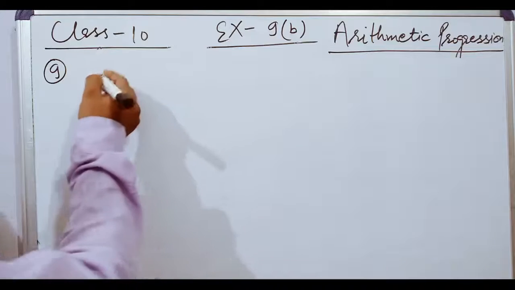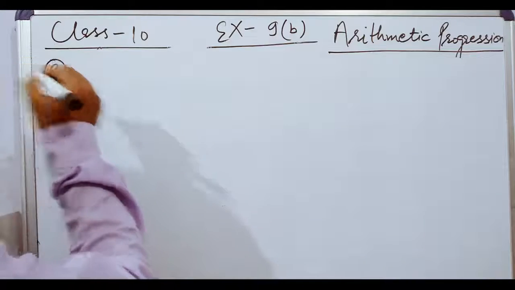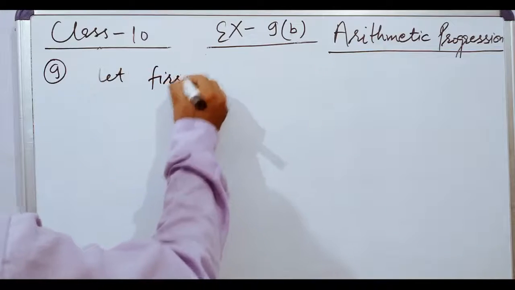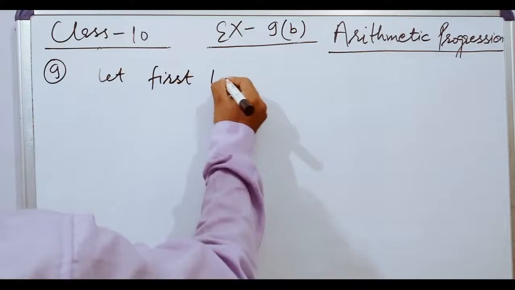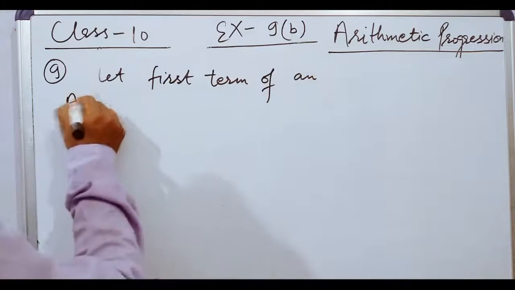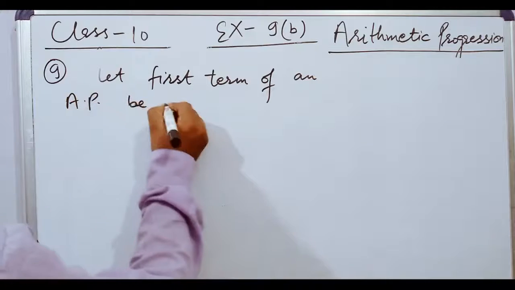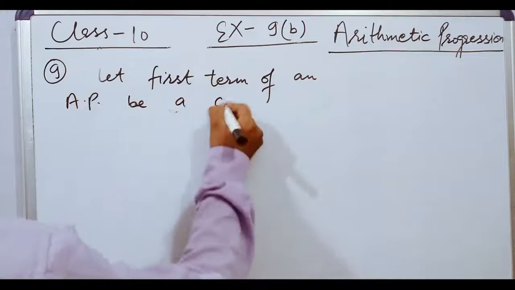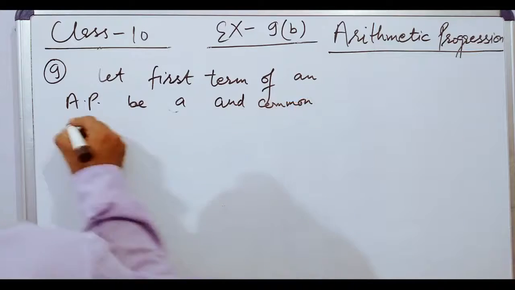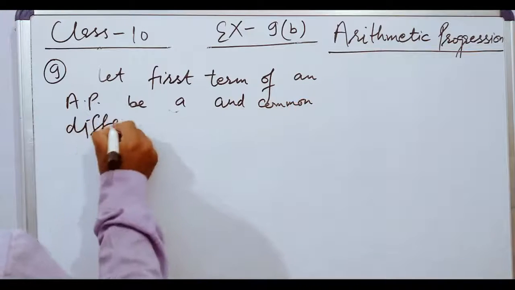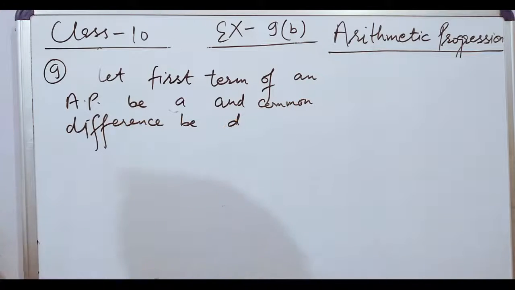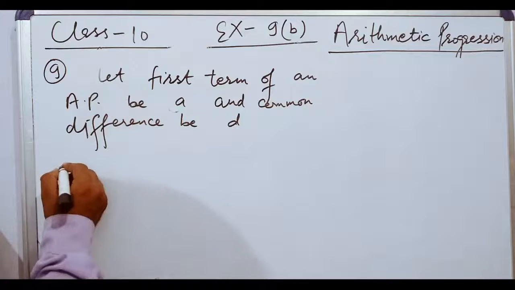So let the first term of the AP be a and the common difference be d.